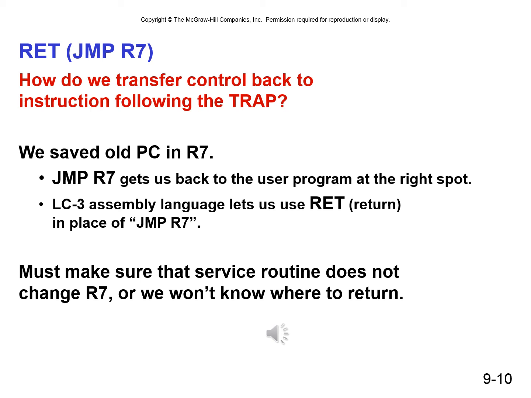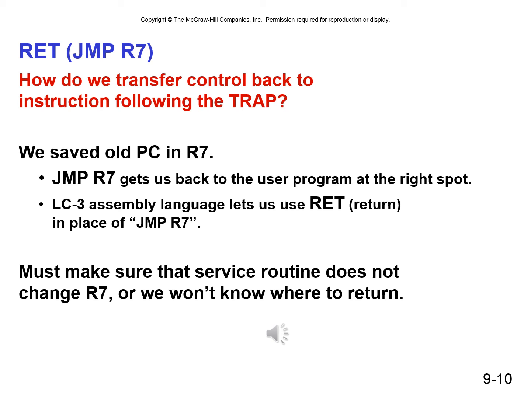And that's how we transfer control back following the trap routine. The end of every trap routine and every subroutine that we code in the next section of this class will end with a return.